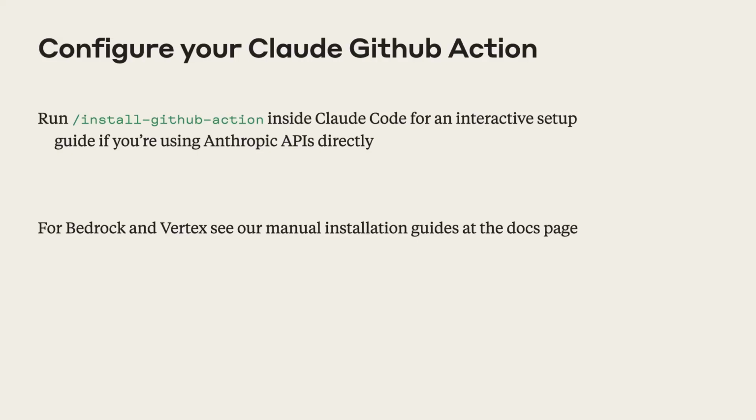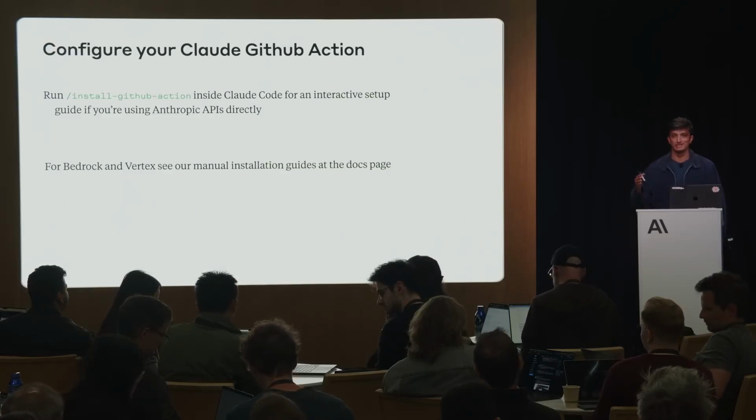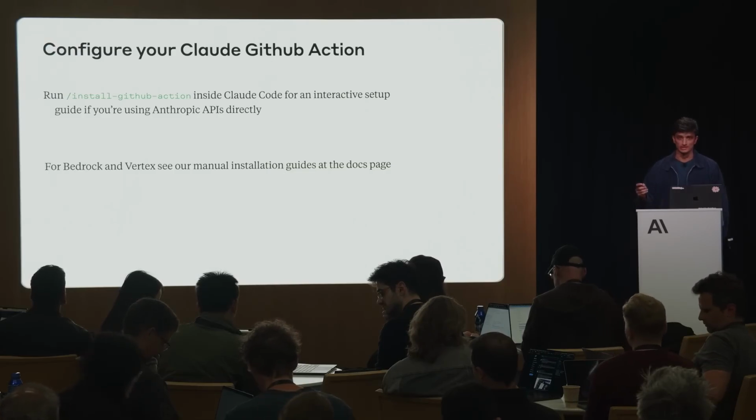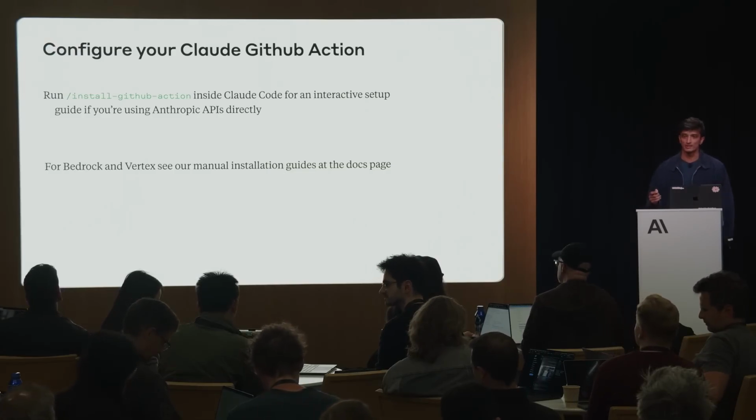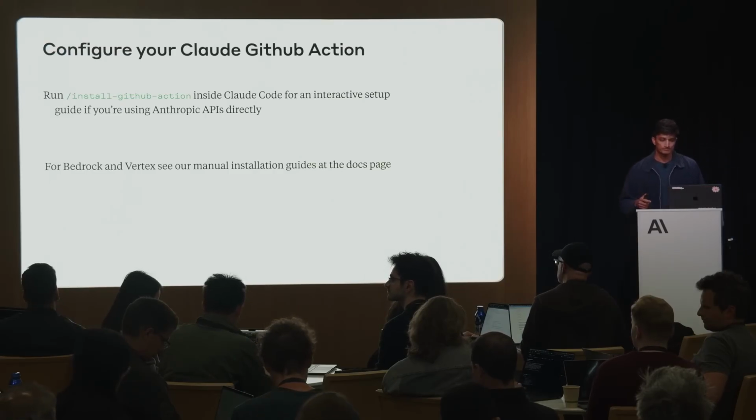That is going to present you with a nice flow, which guides you through configuring your GitHub Action as well as merging it. So the end result of this would be a PR, which would be a YAML file for your GitHub Action. And once you merge that in and you configure your API keys and things like that, you're off to the races. And you can go ahead and start tagging Claude and using Claude like we just did right now.